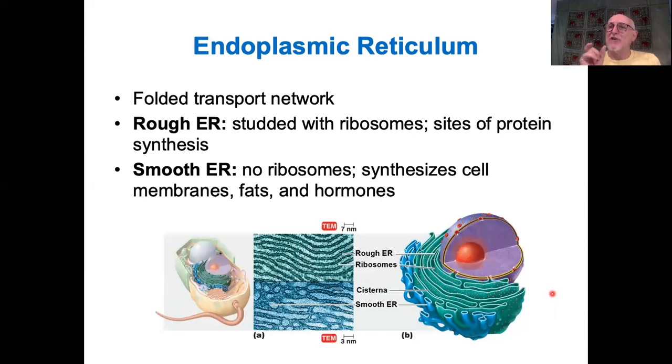Others have an address on them which tells the ribosome to attach to the endoplasmic reticulum. The ribosome attaches, and now when it synthesizes its protein, instead of just liberating it into the cytoplasm, it pumps the protein product into the lumen for processing.